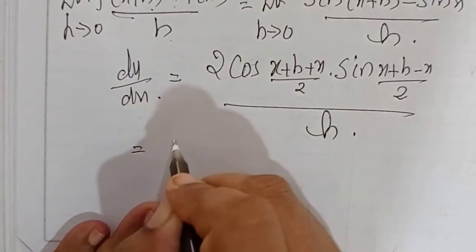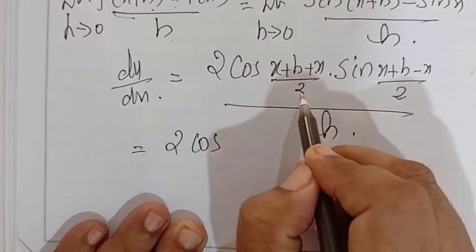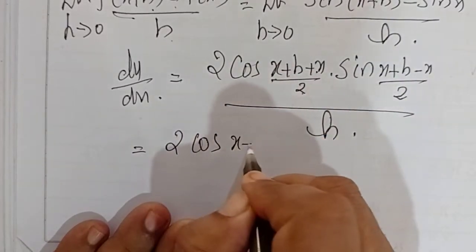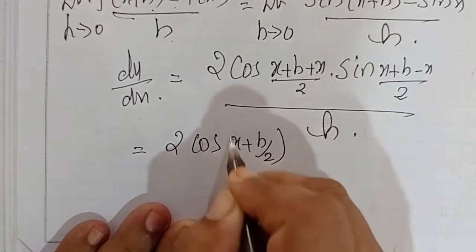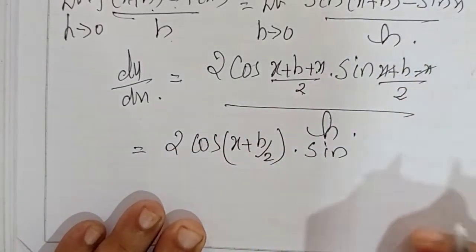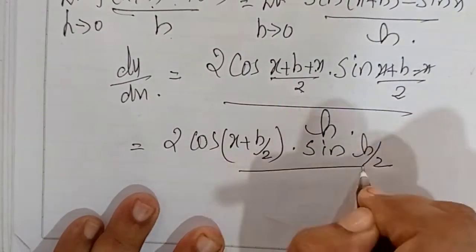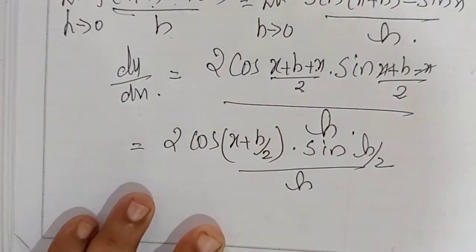That is 2 cos of (x plus x is 2x), 2x by 2 is x, plus h by 2, into sin of (x minus x cancel) h by 2, by h.